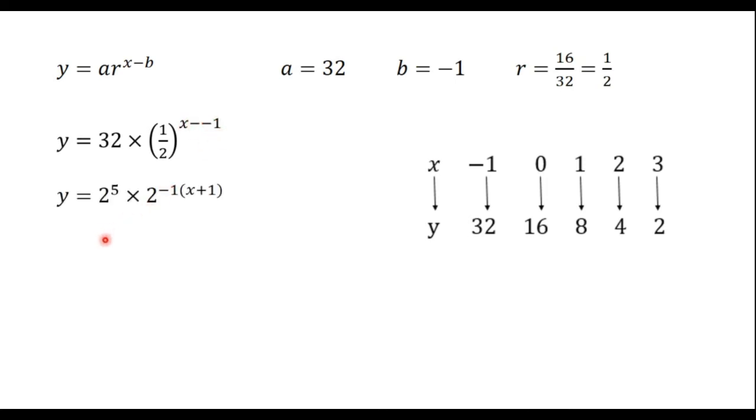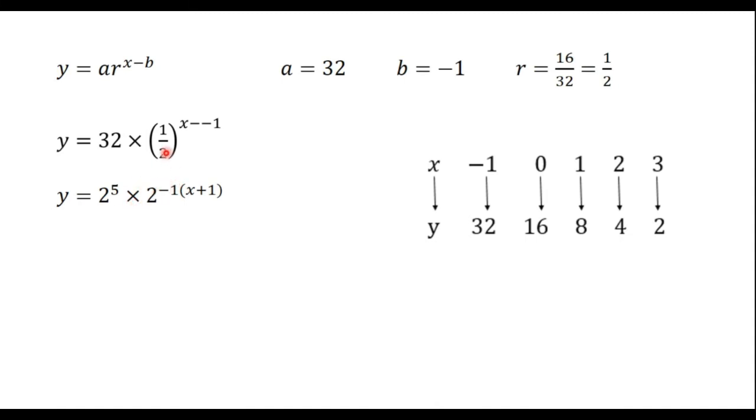Now let's proceed. We know from indices that 32 is the same as 2 exponent 5. Whenever you have 1 over 2, you can write it as 2 exponent minus 1. If you watch the video on indices, you are going to understand why this is so.